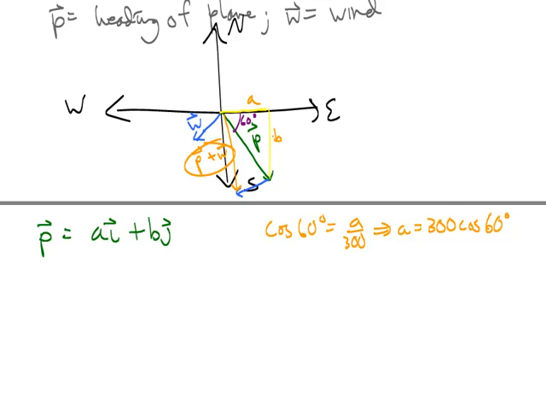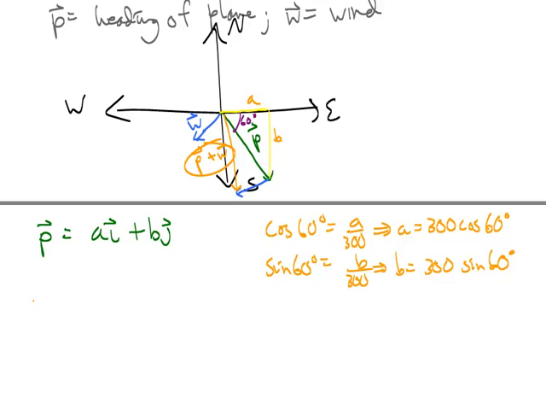Opposite over hypotenuse is sine. So the sine of 60 degrees is B over 300, which tells me that B is equal to 300 sine of 60 degrees. Let's see, the cosine I think is 1/2. The sine is square root of 3 over 2.